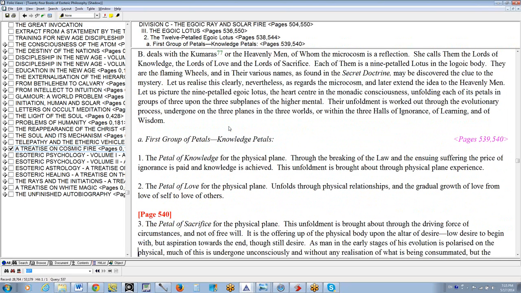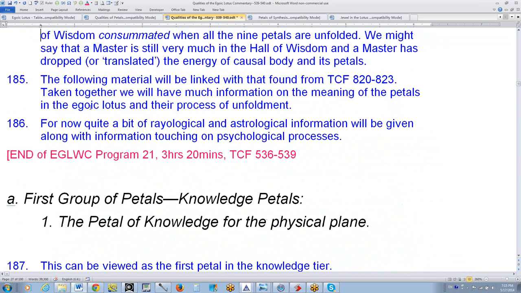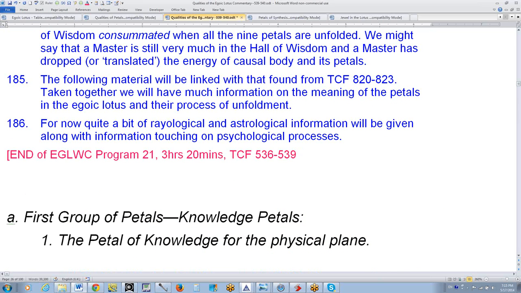Yeah, okay. All right, so I'll put that down, and then we'll be able to orient, and we'll be able to continue with our next work. 539, correct, and we'll say beginning with Egoic Lotus webinar commentary program 22. How many minutes we don't know, but it'll be beginning with TCF at 5:39.